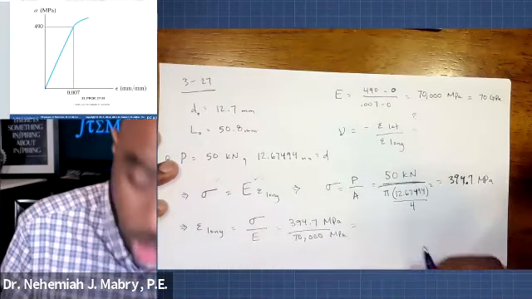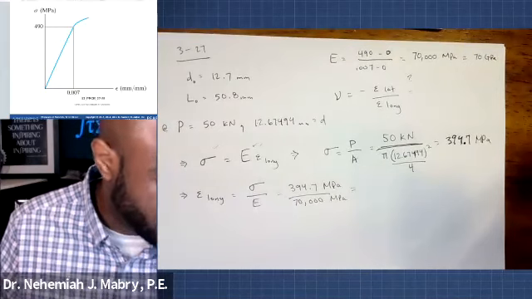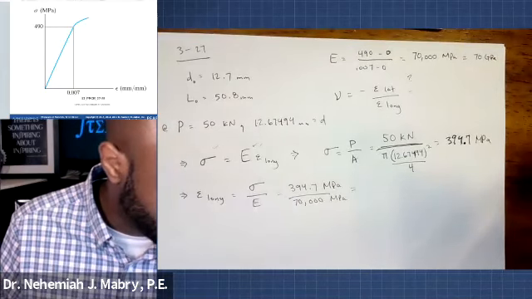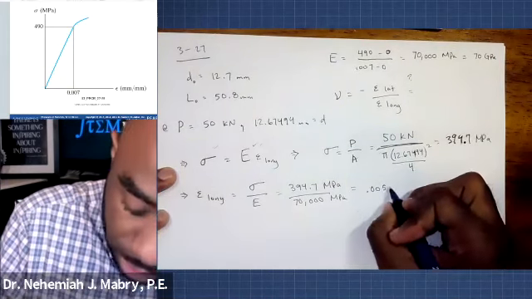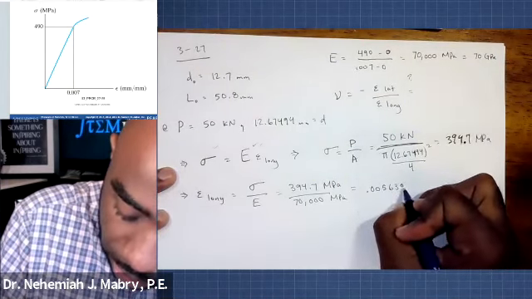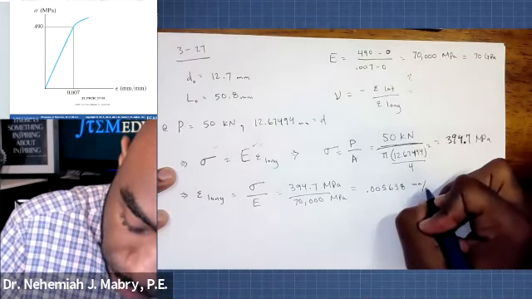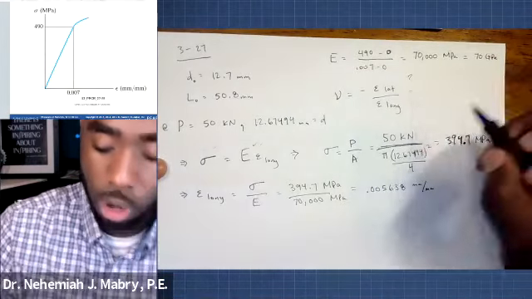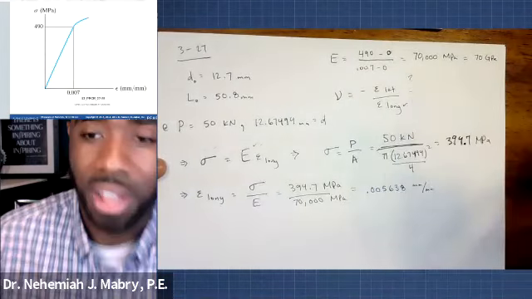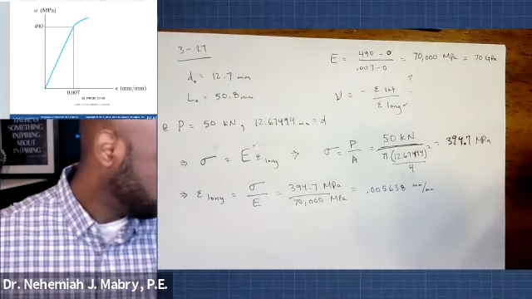So our longitudinal strain is, you should have 0.00568 millimeters per millimeter, just to keep things moving. So now we have this bottom part of our Poisson's ratio, right? The bottom part of our Poisson's ratio.